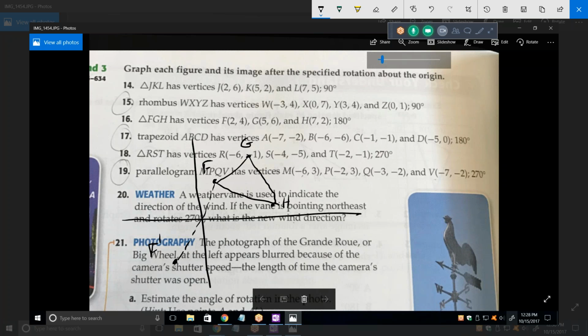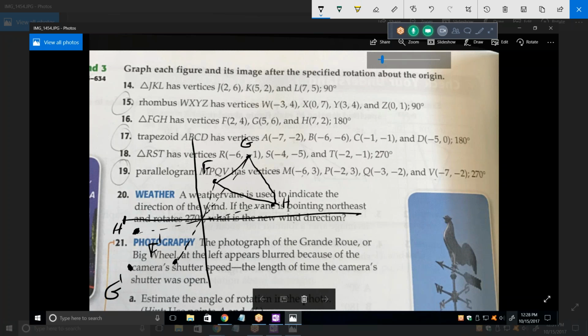If I do the same thing with H, H ends up right there. So that's my new point H prime. And if I do the same thing with G, I'm not sure I have to necessarily do that, but it does give you an idea of how that triangle is going to look after we rotate it.